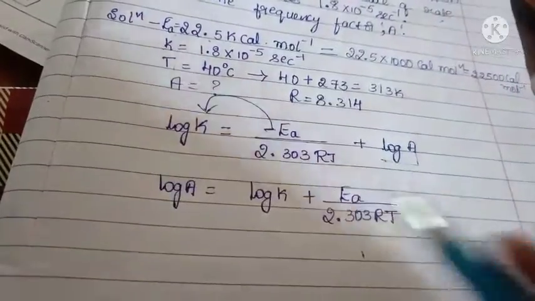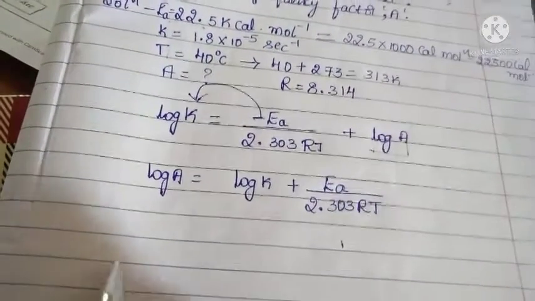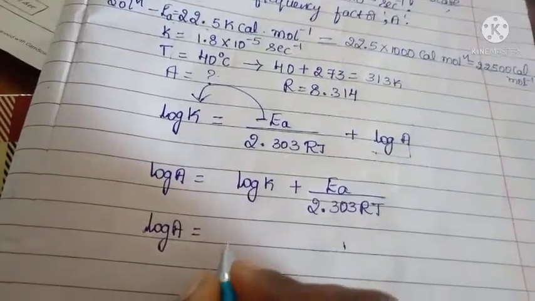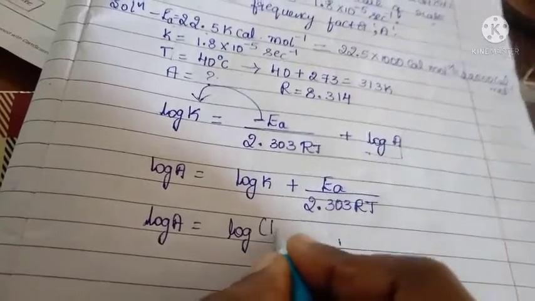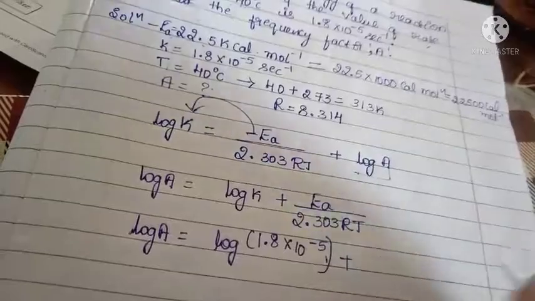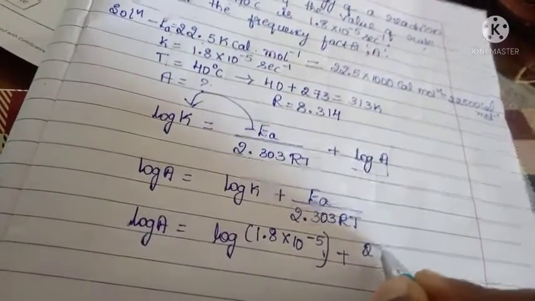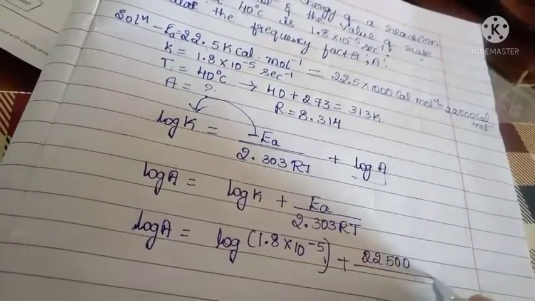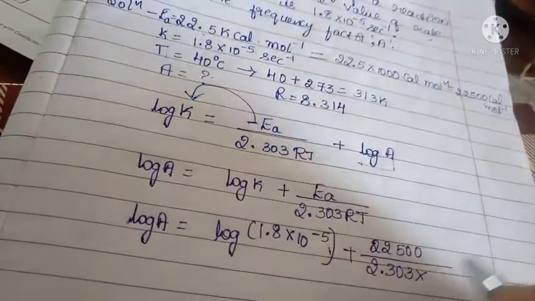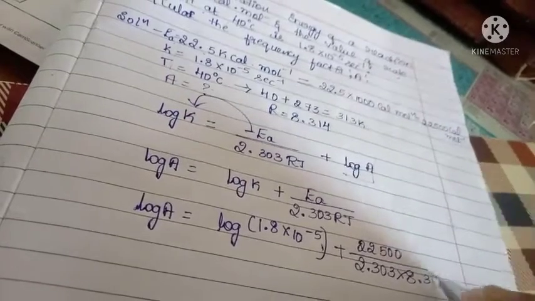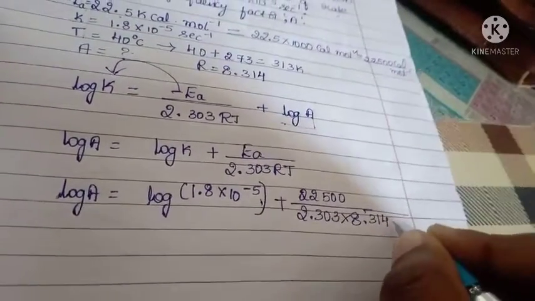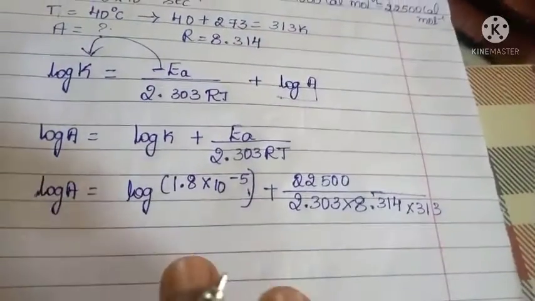Substituting these values, you can calculate log A: log A is equal to log k, that is log 1.8 into 10 to the power of minus 5, plus Ea, that is 22,500, divided by 2.303 into R, that is 8.314, then temperature 313. Okay, this is the substitution.